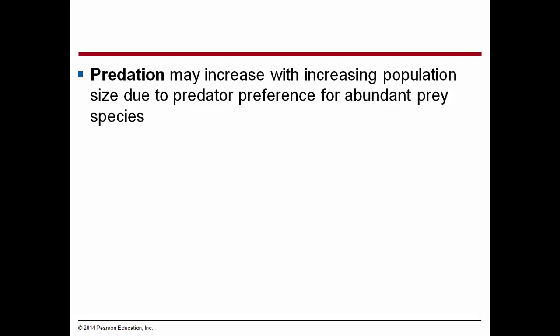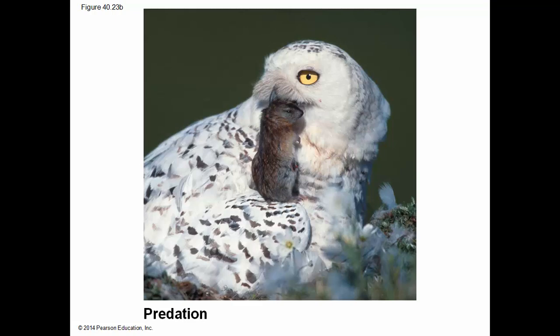Predation may increase with increasing population size due to predator preference for abundant prey species. Okay, so if you have animals like these microtine rodents that have population boom cycles, those booms just make it easier for predators to catch them.